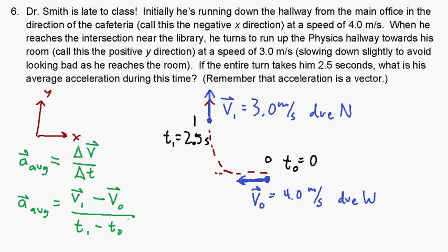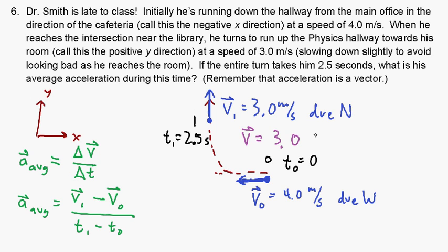Now, to actually add or subtract vectors, generally it's more helpful to have them in unit vector notation. Fortunately, these are two that are very easy to put in unit vector notation. So my final velocity, which is 3.0 meters per second due north, is straight along my positive y-axis, right?